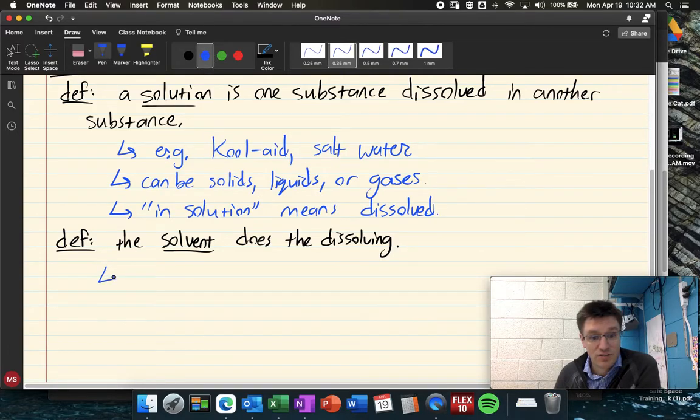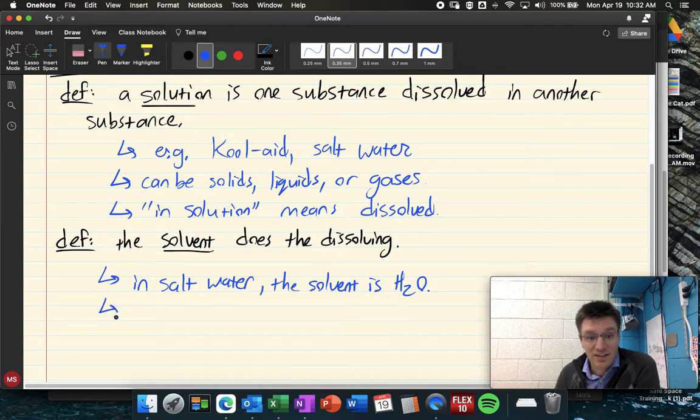If you make salt water, again, the solvent is water. And in the air, the thing that there is the most of is nitrogen gas. So in air, the solvent is nitrogen gas. Whatever there is the most of, okay?